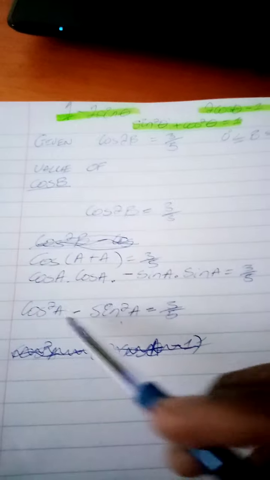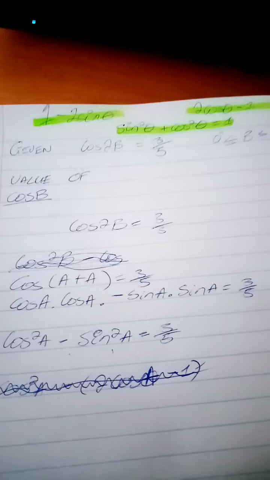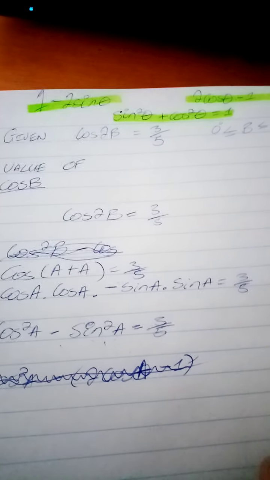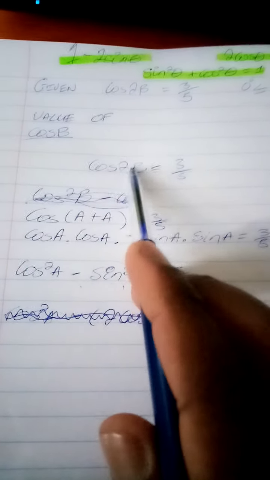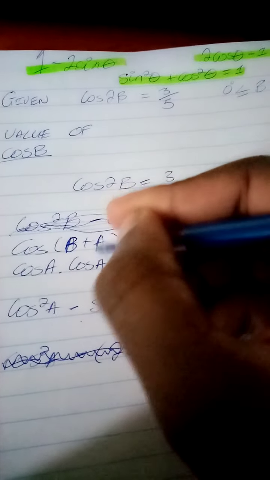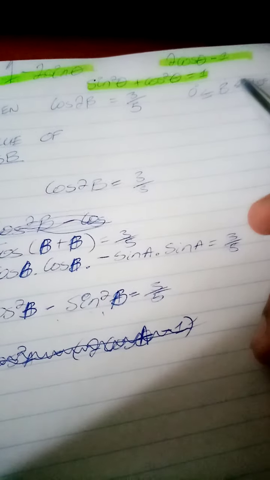This only applies to cos 2a, not to b. Sorry for this. As you have found, these are the identities for cos 2b specifically.